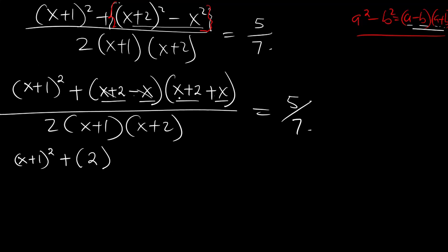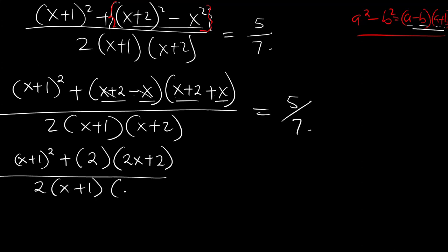Now x plus x, bringing the like terms together, you have 2x plus 2 divided by 2 into (x plus 1)(x plus 2) equal to 5 over 7.